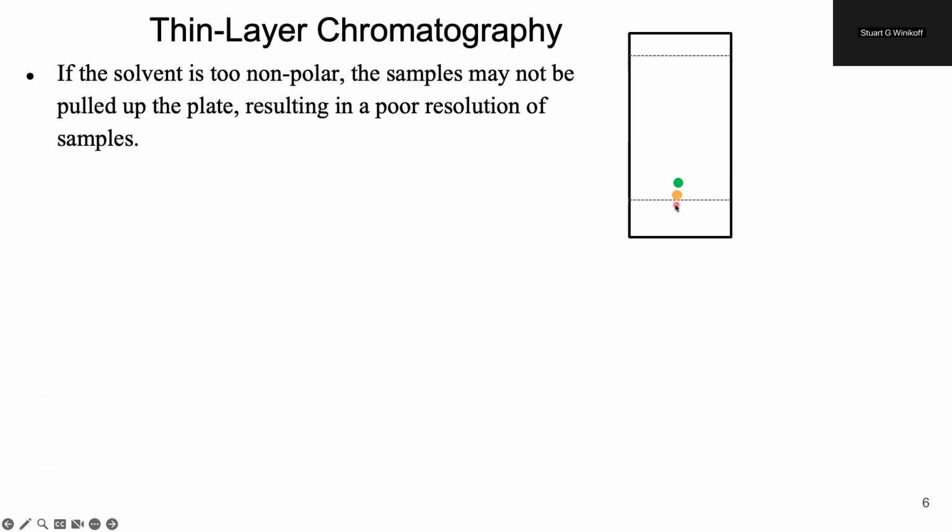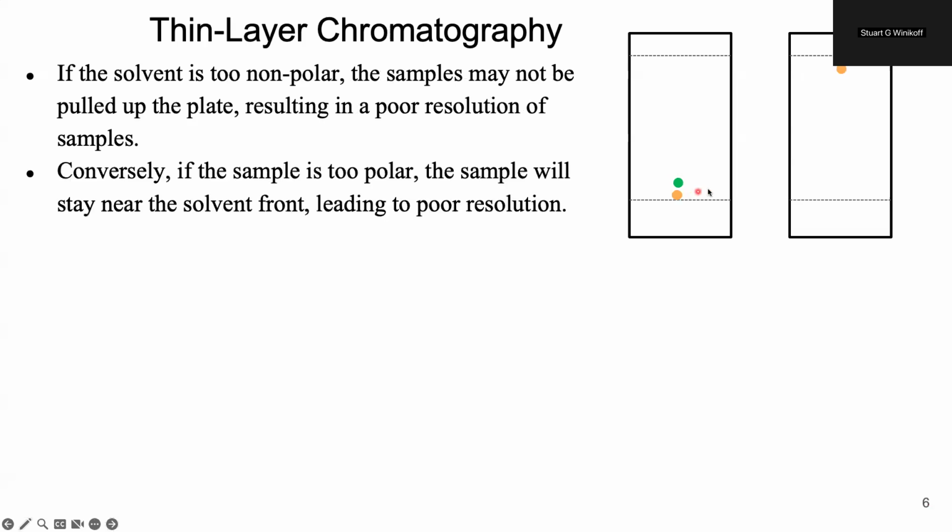And so this leads to a poor resolution, where all of my samples look identical. However, if the solvent is too polar, all of these samples are going to want to hang out with the solvent more than the plate. And so they'll essentially stick with the solvent front and all move together. And at this point, we also have poor resolution.